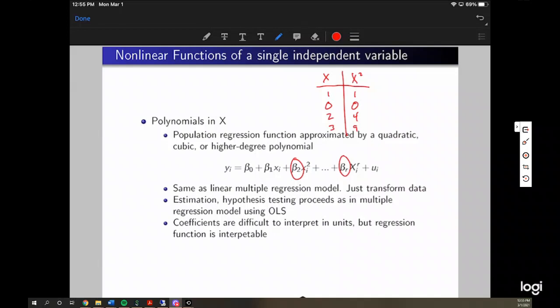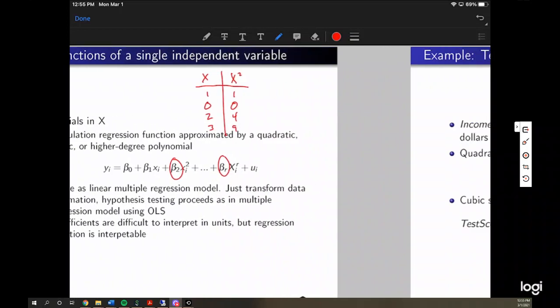We know that as the modeler, but the model itself doesn't know that. There's nothing that messes with the beta 2 and beta r given that those two variables are related to each other. The coefficients can be difficult to interpret in units because they're in squared units, but the regression function is interpretable, and we're going to do some of those.